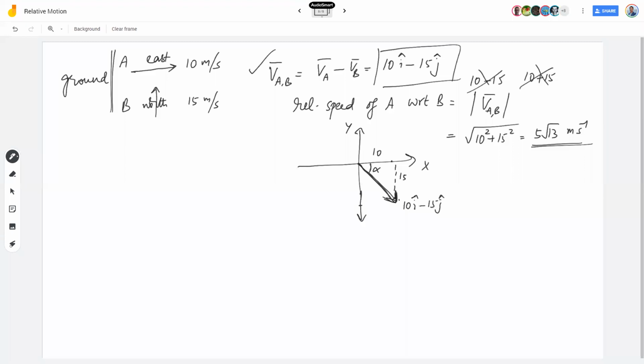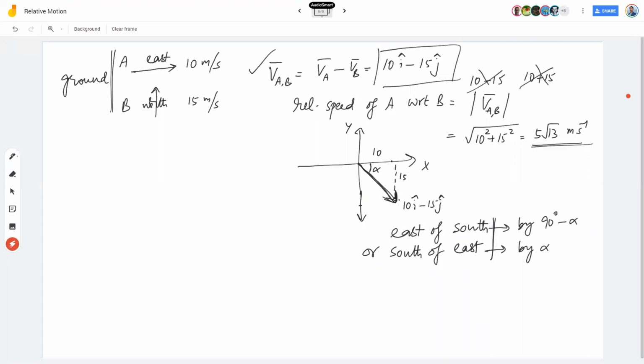That direction is called east of south or south of east, through a certain angle. You could say east of south by 90 degree minus alpha, south of east by alpha.